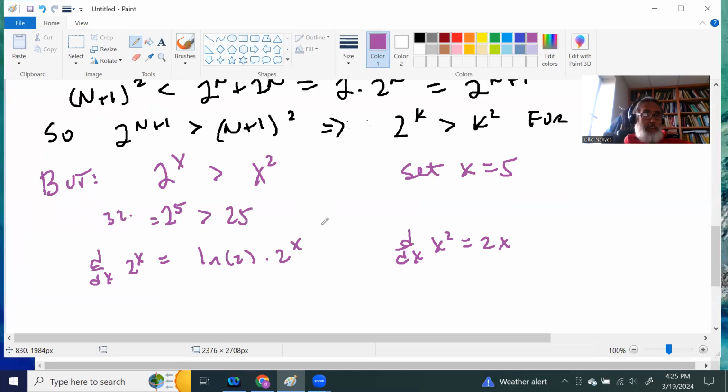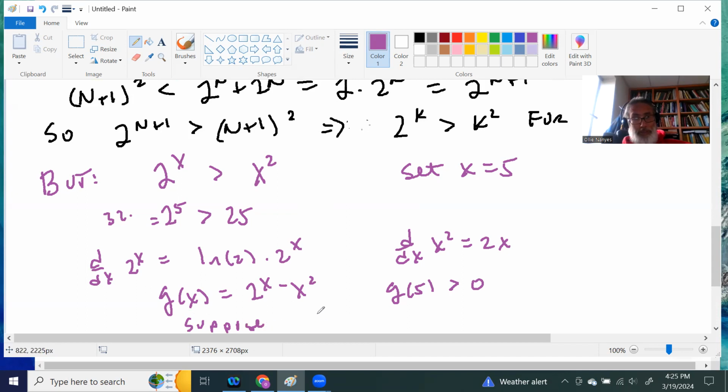You could have proven this, if you want to be rigorous, by using the mean value theorem and looking at the function g of x equal to 2 to the x minus x squared. Notice that g of 5 is positive. Suppose there's some a with g of a equal to 0.